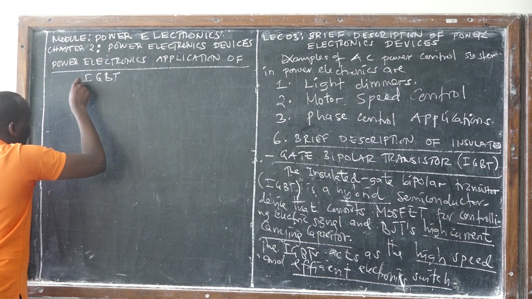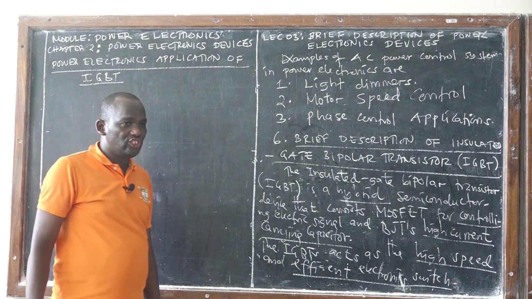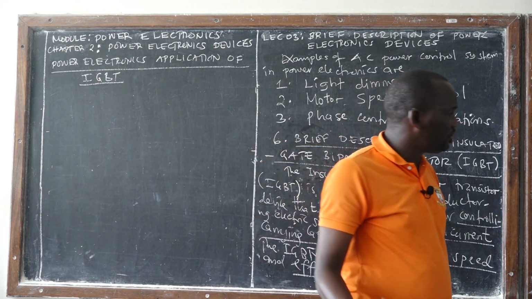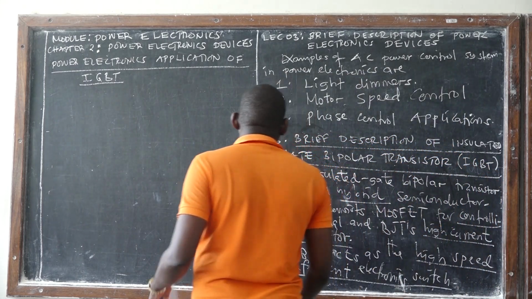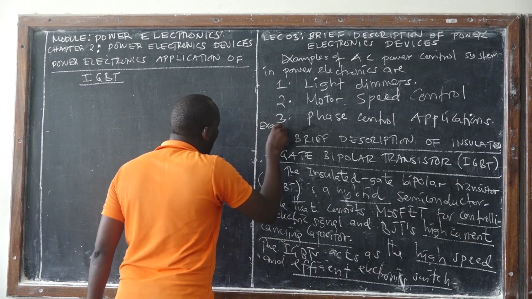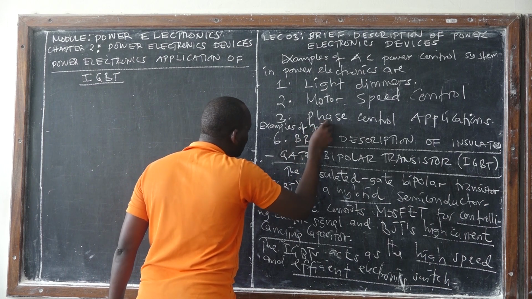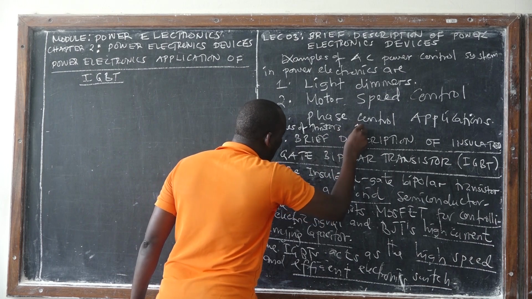This is the answer to the question: how are we applying IGBT in power electronics, or where do we apply it? Sorry, I forgot again, examples of thyristors. Say examples of thyristors.